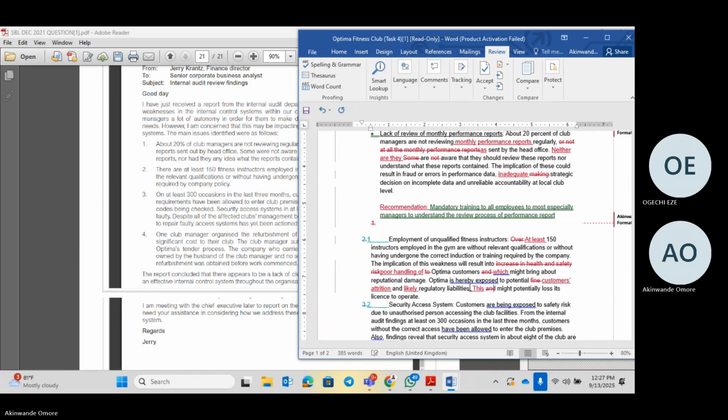This might potentially lead to loss of operating license, Optima Limited.